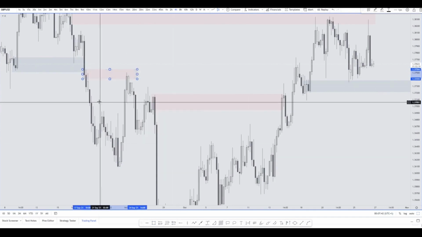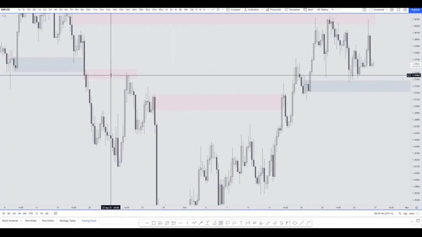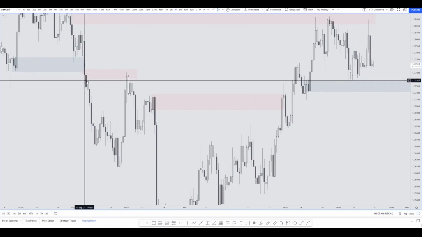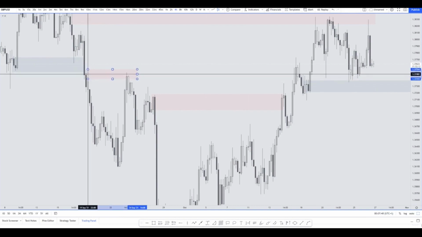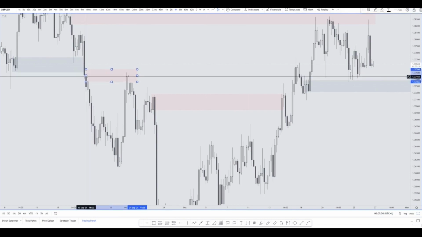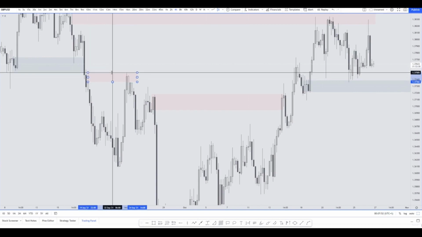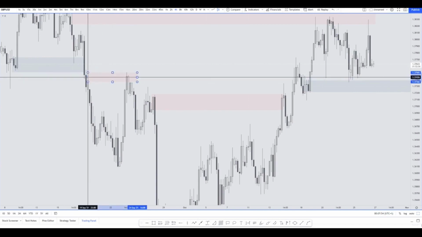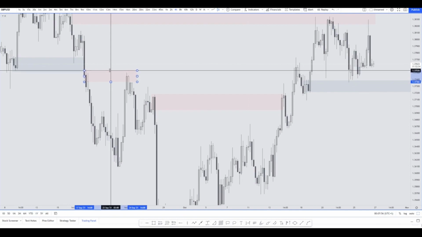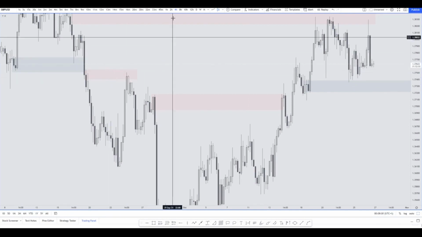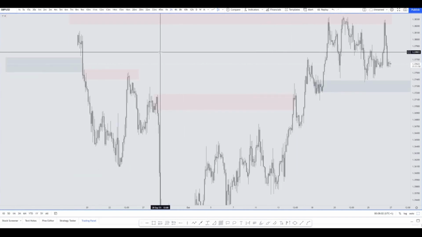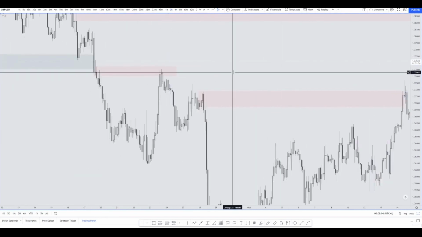I want to mark that as supply. Now we can't really see exactly what it is on the 4-hour. In this case, you could even say the sell to buy wicks have been mitigated and this wick is your prevalent supply zone. But for the purpose of this example, we're just going to leave it on the sell to buy wicks, and let's go down a couple of time frames and see if we can find exactly what it is.